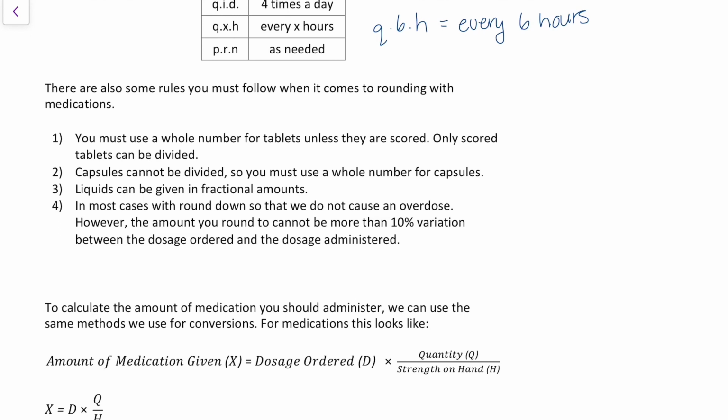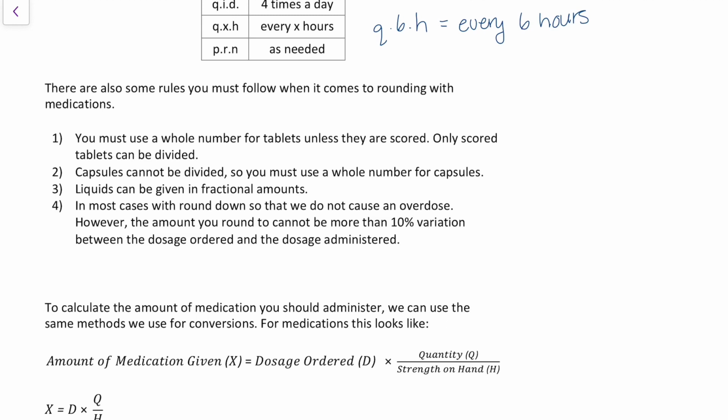So for example, if you're working with tablets, now tablets are a solid, and so you have to give a whole number of tablets out when you administer them. And when you're looking at how many tablets per dose, that also needs to be a whole number, unless it says they are scored.